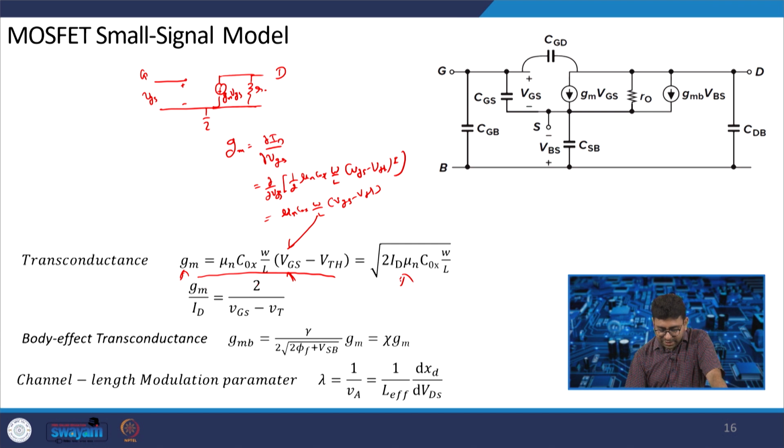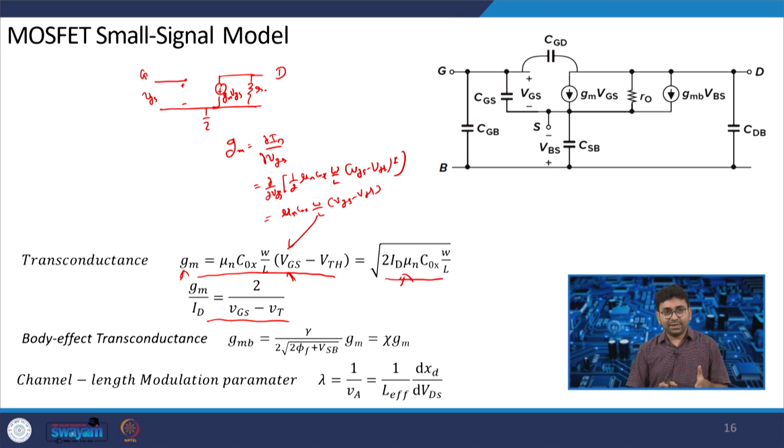When you are using this equation, your gate to source voltage is constant and you are varying the current ID, and in this case you are changing the W by L. This is how you can define the transconductance for the various quantities you consider constant, and it will vary, but you will get the difference.